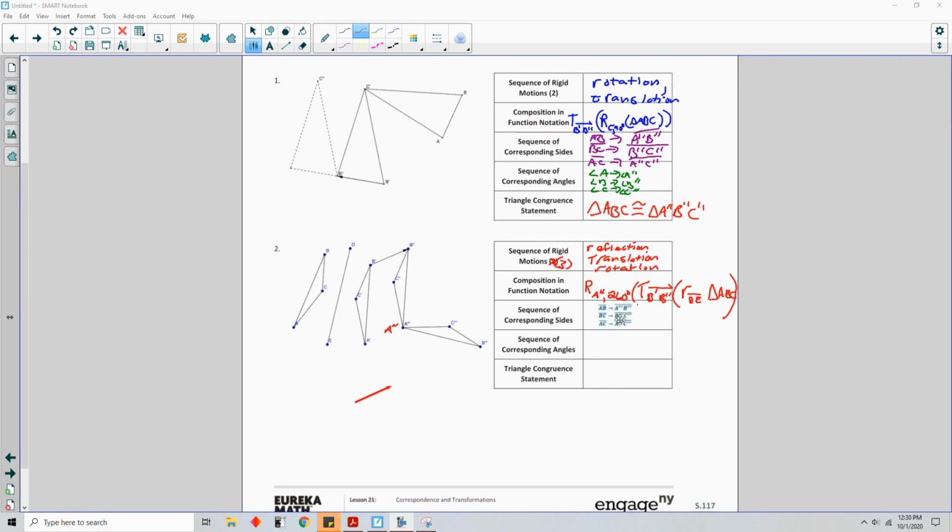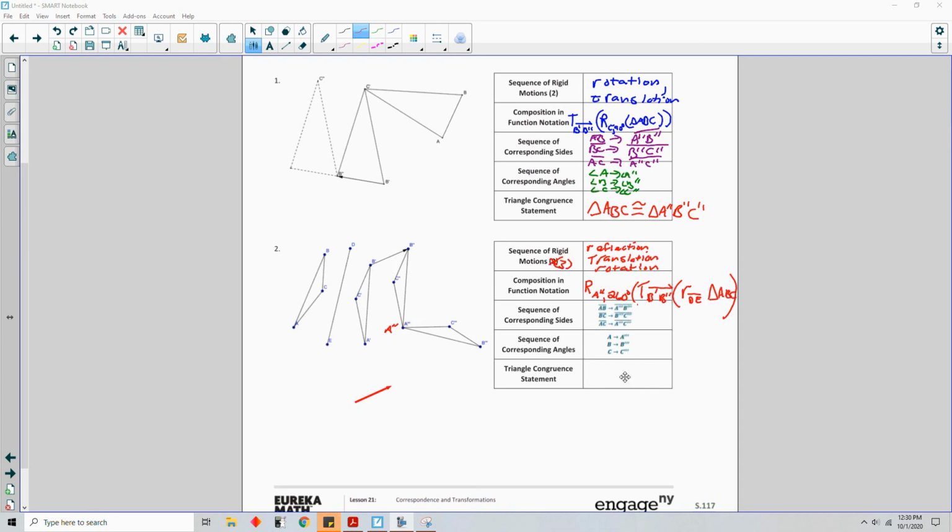BC goes to B triple prime, C triple prime, and AC corresponds to A triple prime, C triple prime. Sequence of corresponding angles is just simply angle names to angle names with triple primes. So angle A goes to A triple prime, angle B goes to B triple prime, and C goes to C triple prime. Probably better to put the angle symbol in front of all those, but they did not.